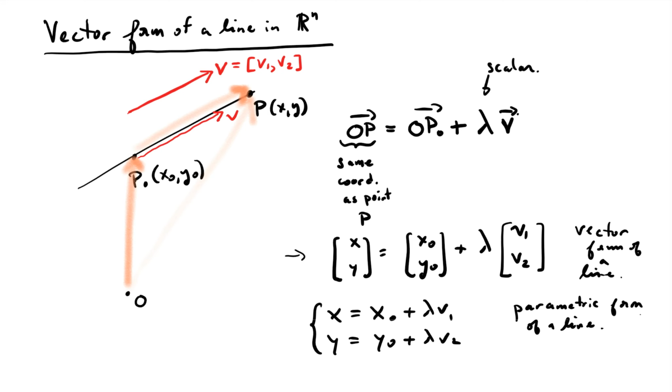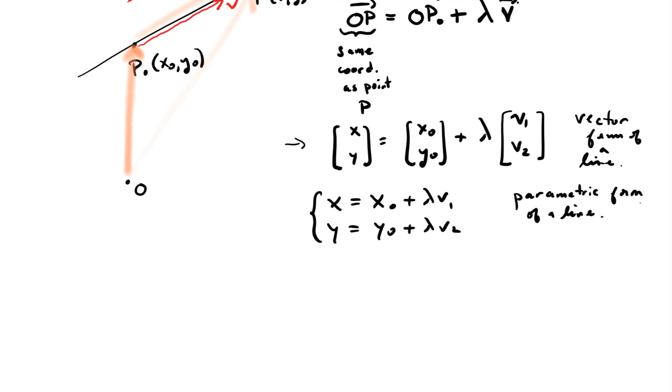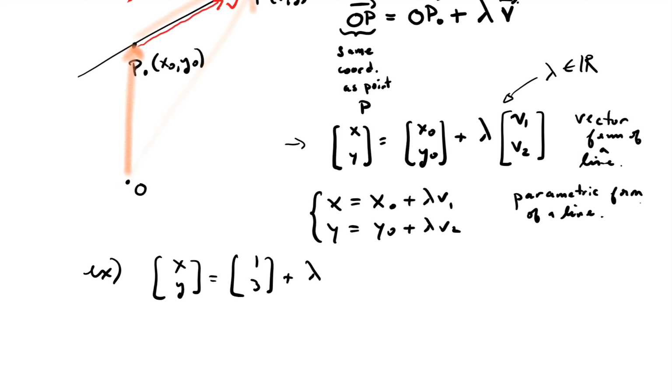So for example, if I have something written like this, (x, y) equals (1, 3) plus lambda times (4, -5). Lambda I didn't specify, but lambda here is any real number.